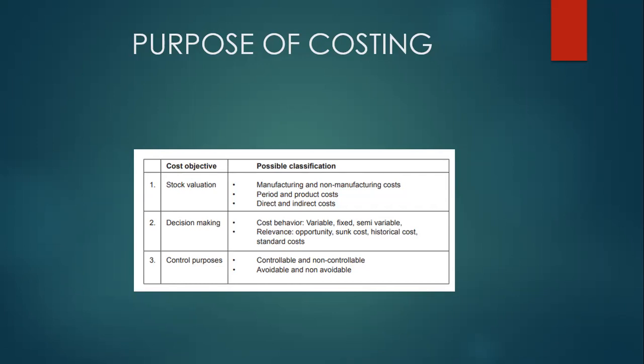If you know that there's so much cost involved in providing laboratory services or selling medicines to patients, then of course you can control if there are loopholes, if there are ways you can improve the costing, then you'll be able to control your costing. So these are some of the reasons why we cost our products and services.